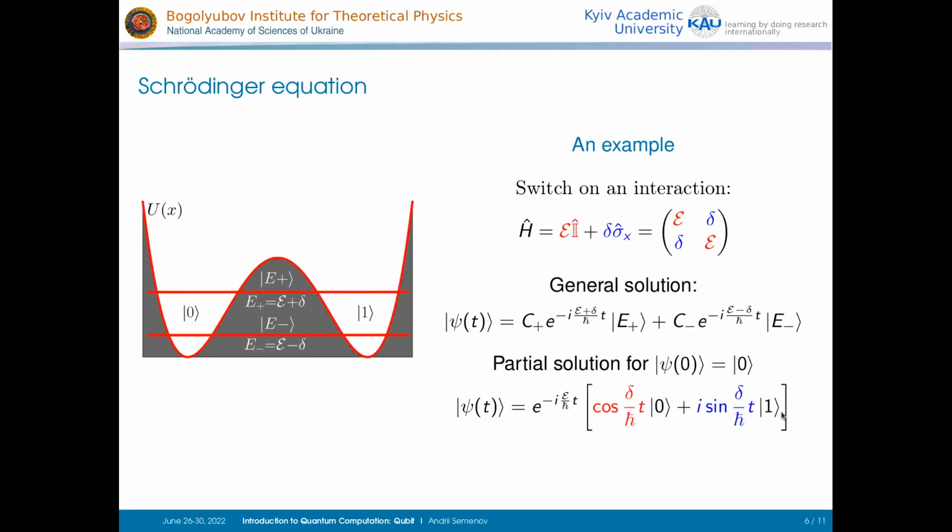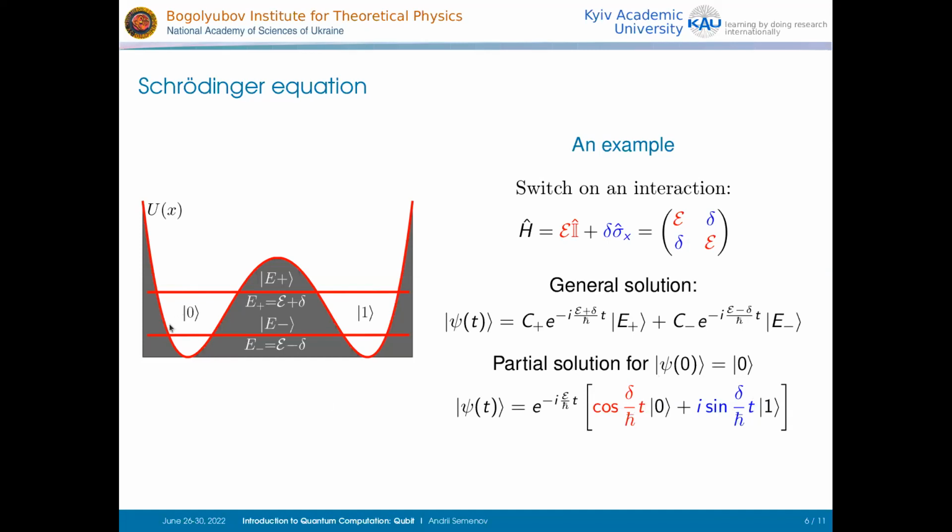And now you can suppose that your initial state was 0. Those of you who have studied differential equations can easily solve it and get such a solution. You see that when time is 0, this is exactly what we had. This means the particle was here.